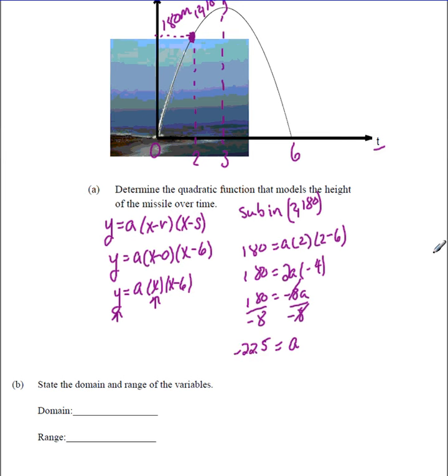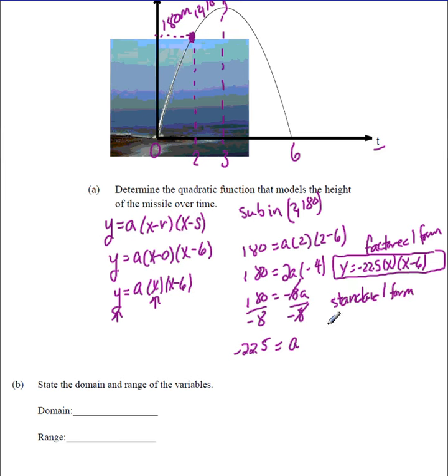So the factored form of the equation is y equals negative 22.5 times x times x minus 6. If we want standard form, we have to multiply the equation out.